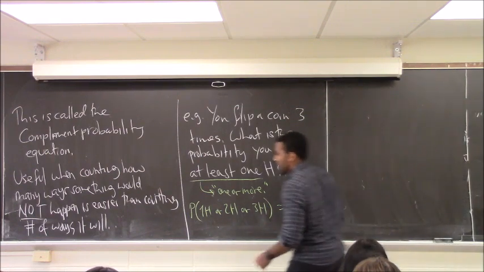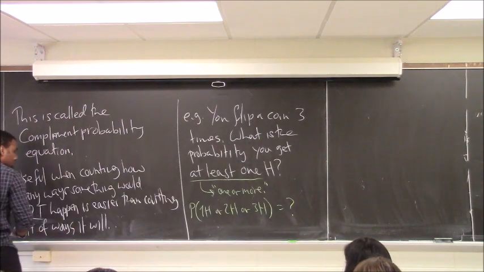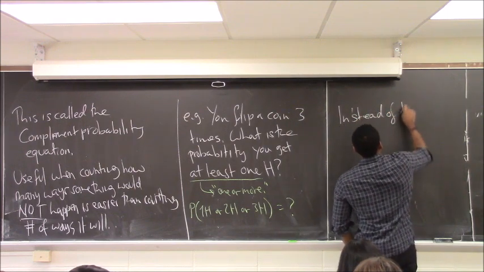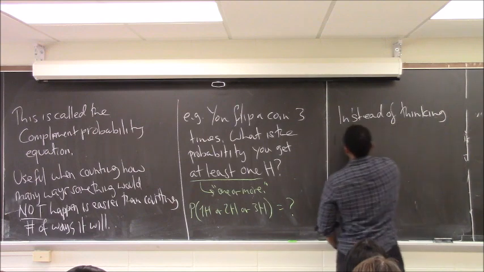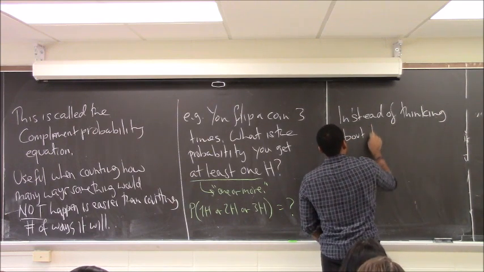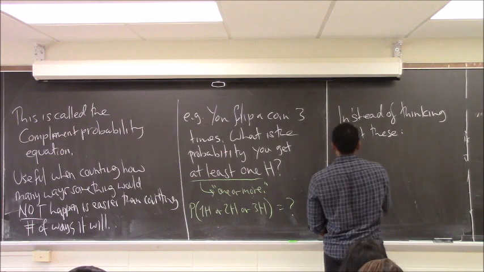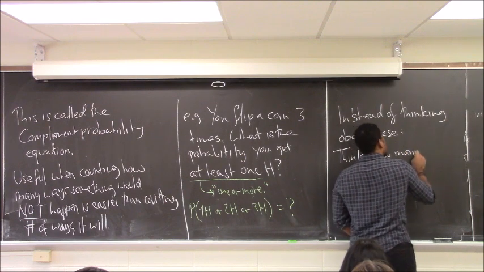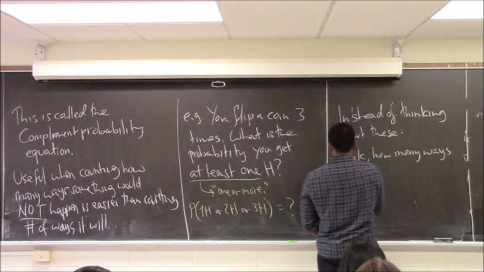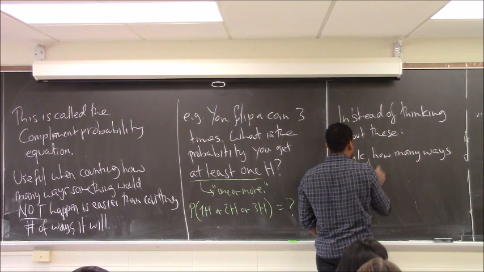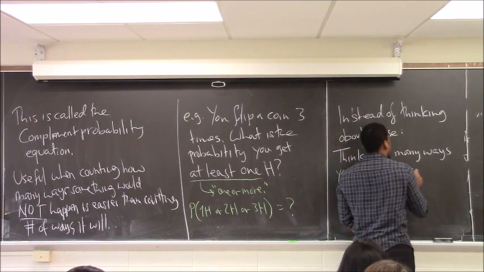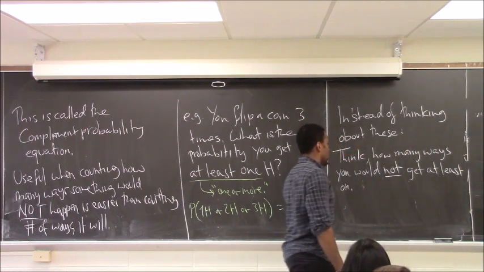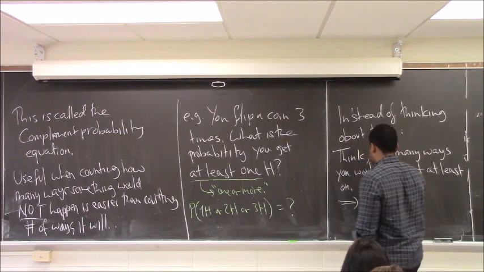Now, instead of thinking about these situations, think how many ways you would not get at least 1. Right? So this would mean you actually get none.